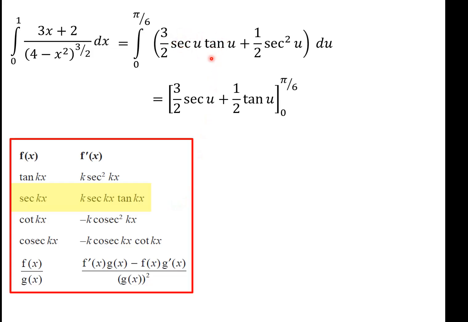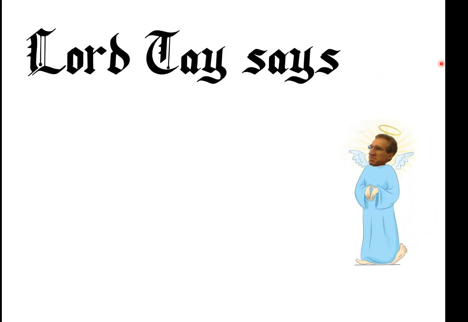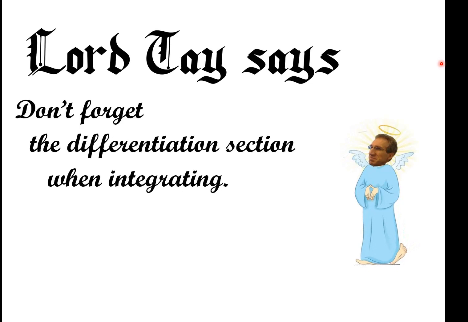So this integrated is sec. We differentiate tan, we get sec squared. So there we go, doing the integration. Don't forget the differentiation section when you're integrating.